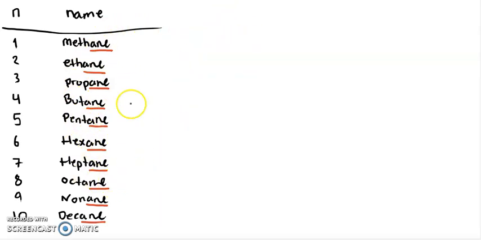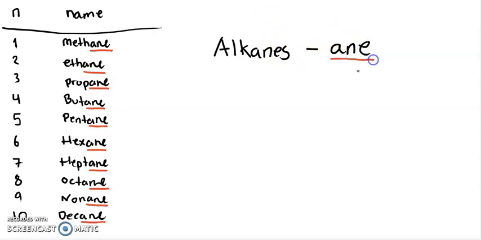Imagine that all of the alkanes are brothers and sisters, and their surname is ane. So whenever you see a compound that ends with ane, you know it's an alkane.